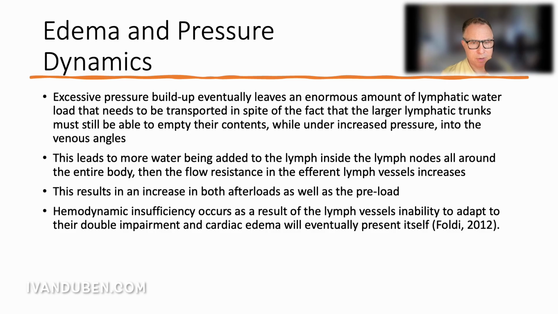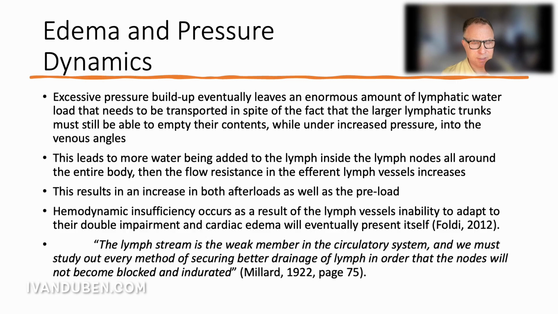What Földi is talking about here is that in general, the more load, the more lymphostasis occurs in various parts of the body, the harder the heart has to compensate for that, because you're effectively increasing pressure in the body.